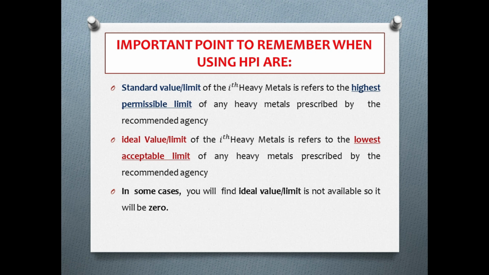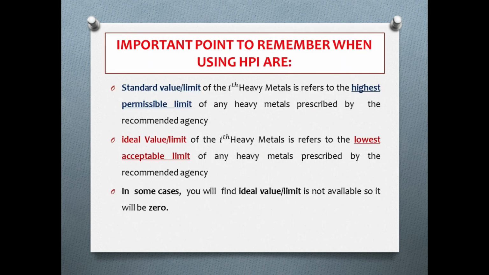And when you say ideal value or the Ii value of the ith heavy metal, then you are referring to the lowest value prescribed by the recommended agency selected for the study. However, you will come across some cases where there is only one data value for a particular heavy metal. In that case, the value will be the Si value and the Ii value will be 0.